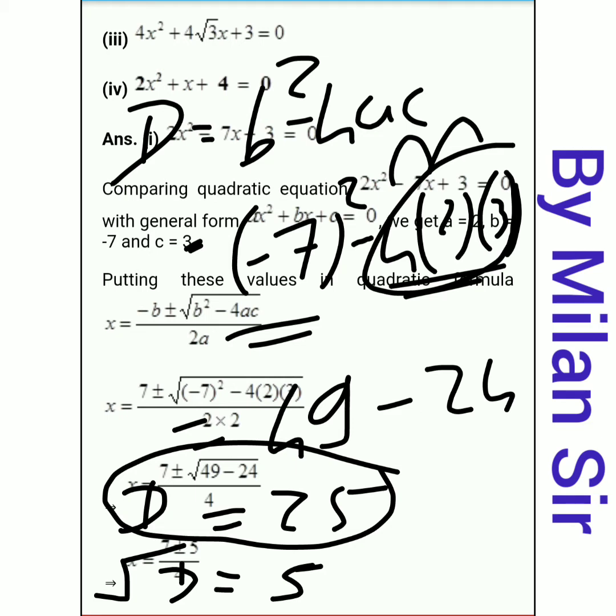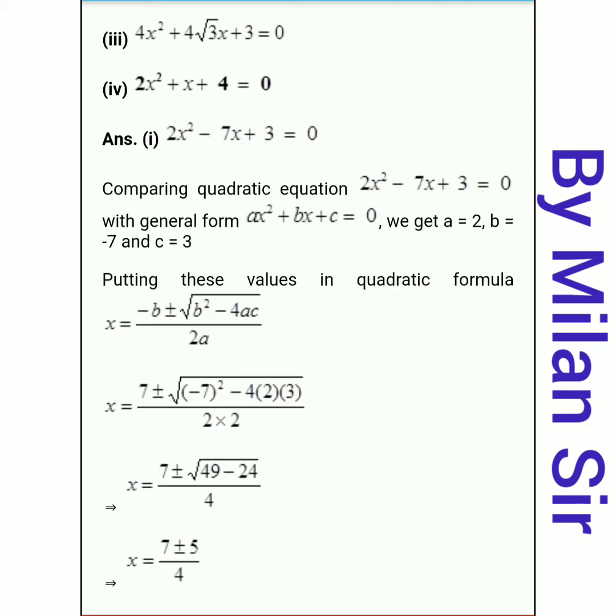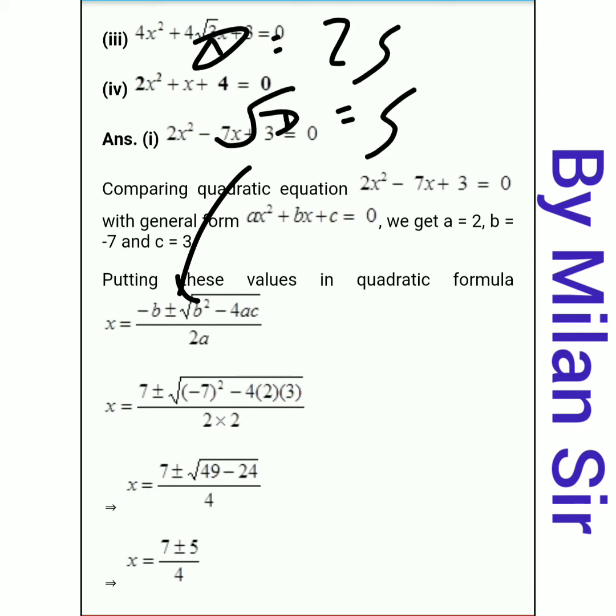One more thing: it is actually plus or minus 5, but that's why we have written plus or minus in the formula. We already gave the sign there, so here we need to write only the positive number. So d is equal to 25, so under root d is equal to 5. Again, it is plus or minus 5, but we already put this sign in the formula.